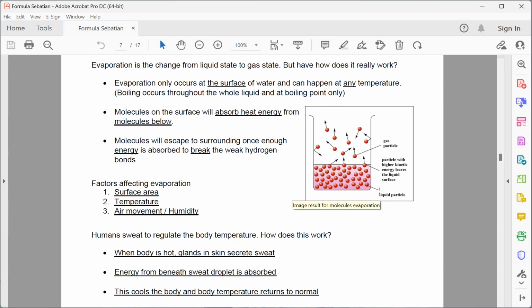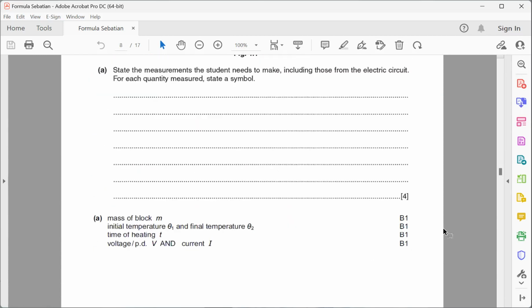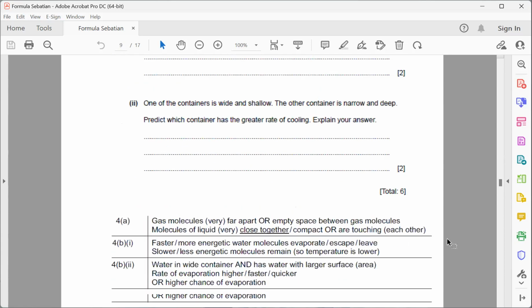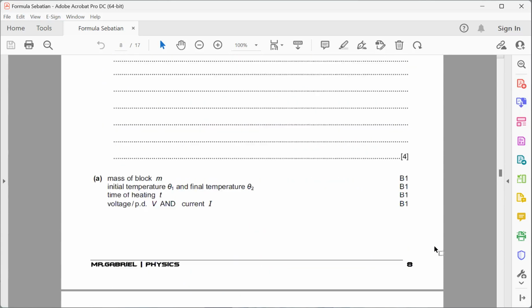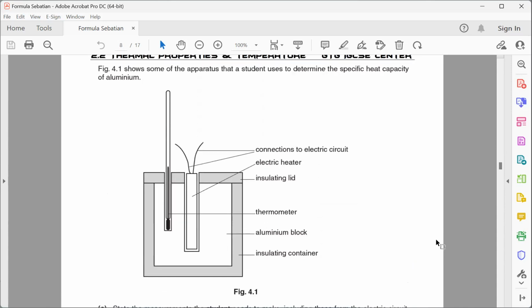Okay. Once you're done copying everything, please make sure you read through this. It's relatively important, right? You can start doing the questions at the bottom here already. This first question here, please read the question and understand what they want from you first.